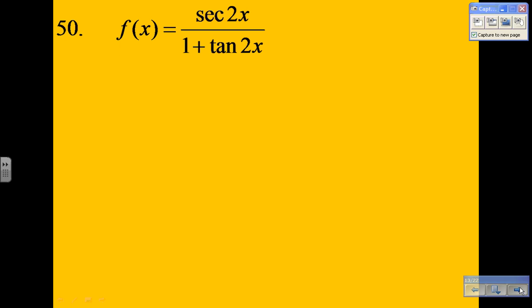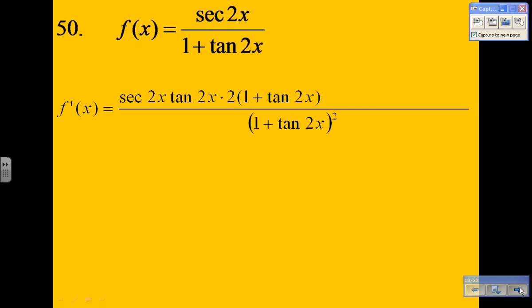It's tangent of 2x times secant of 2x times the derivative of the inside, which is times 2. So, secant of 2x, tangent of 2x times 2. And then in the quotient rule, do you add or subtract in the numerator? You subtract.